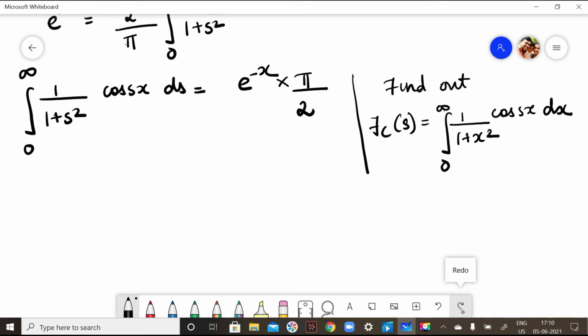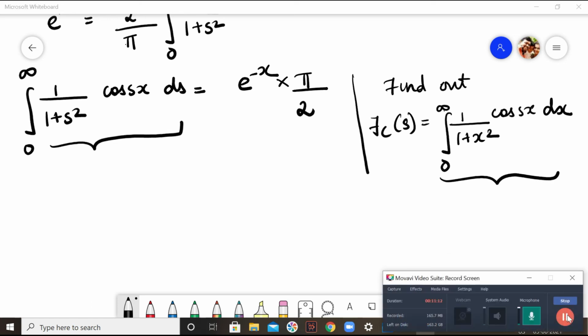Okay, so now when I compare this and when I compare this, what happens? There is a small change. Instead of s, I have x here. Okay, so that is the small change. So what do I do? I put s is equal to x and I put x is equal to s.